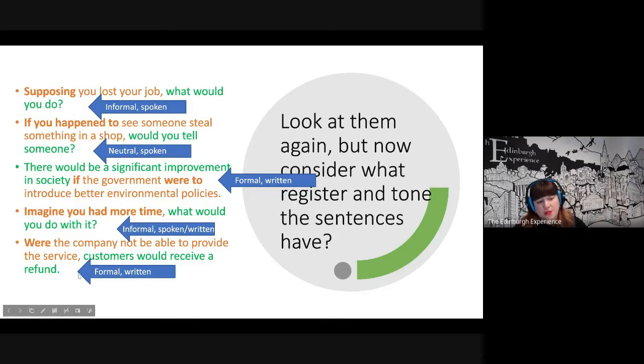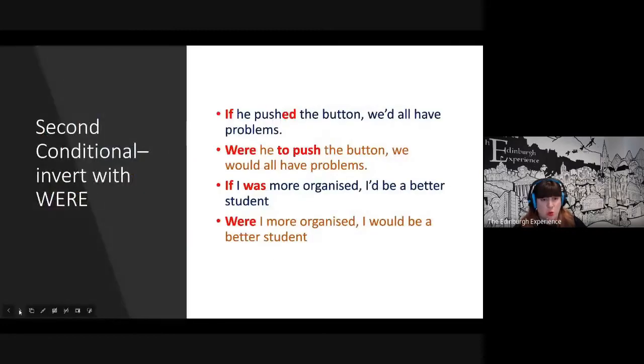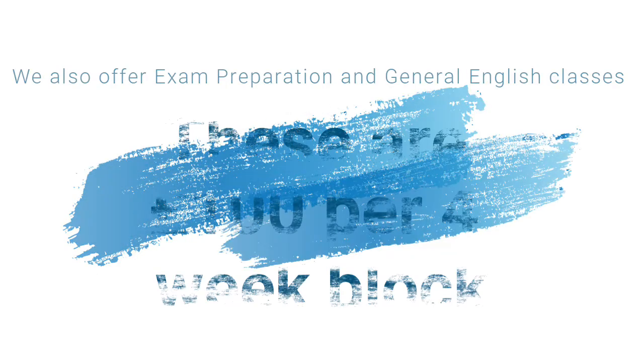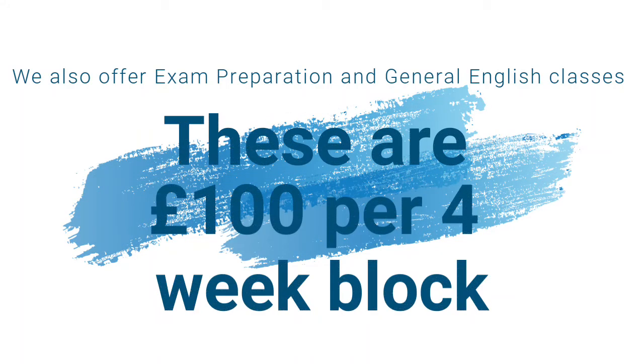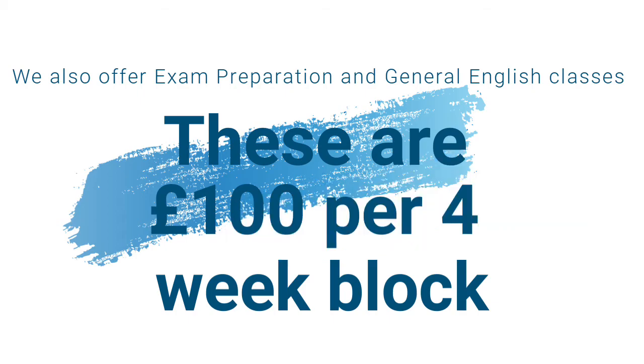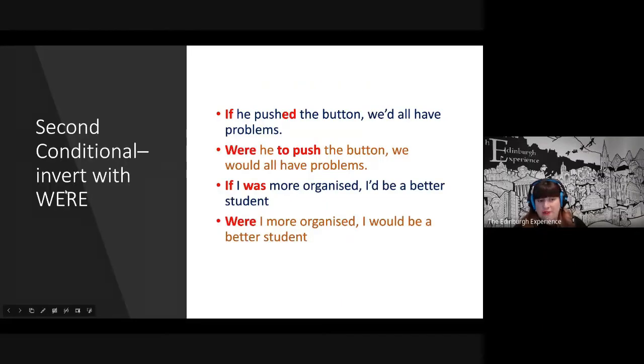So we've got lots of different ways here to construct our second conditionals, which are much more varied and much richer in language as well. Now, if I'm using an inversion with the second conditional, if I want to make my sentence much more formal, an easy thing to do is apply these inversions.